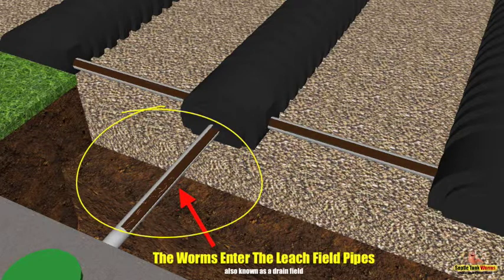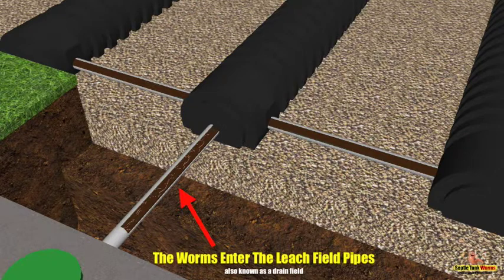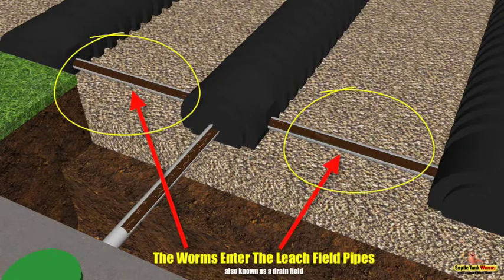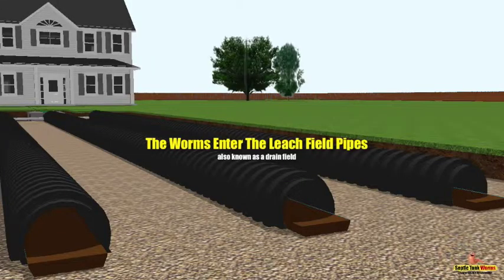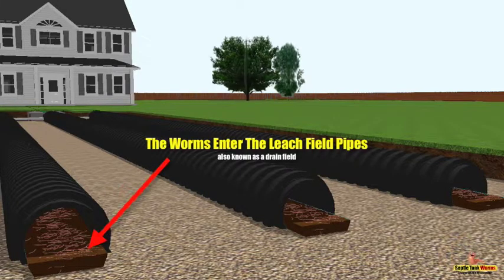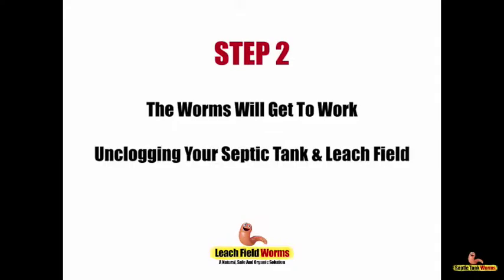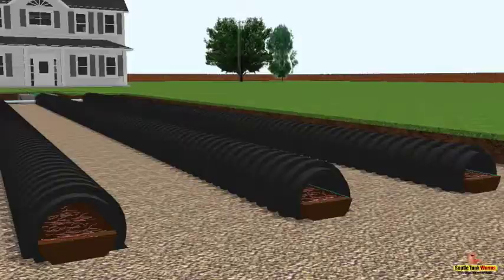As the worms continue to breed and multiply, they'll make their way through the arteries, through the sludge, deeper and deeper into the drain field. Once the leach field worms have started to saturate the drain field, it's then they start to work their magic. Very quickly the worms get to work.